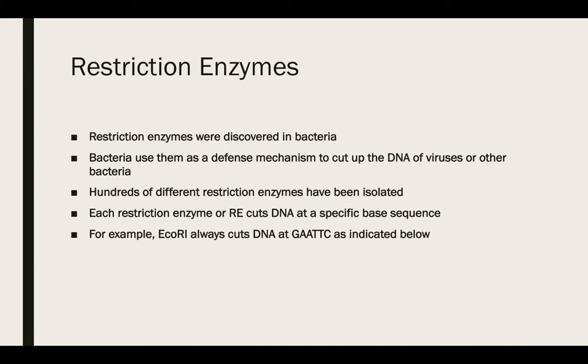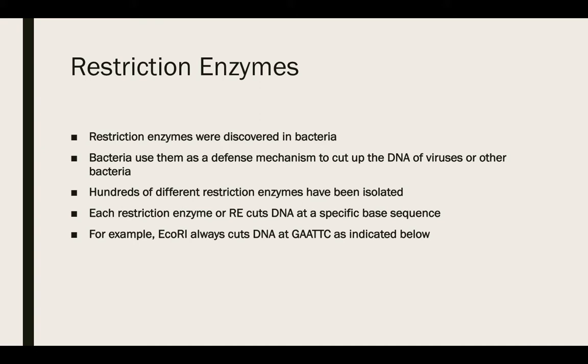So we can use that frequency and those codes to cut the genes wherever we want to and put them back in, because that's where it gets restricted at that frequency. There are hundreds of different restriction enzymes that have been isolated.